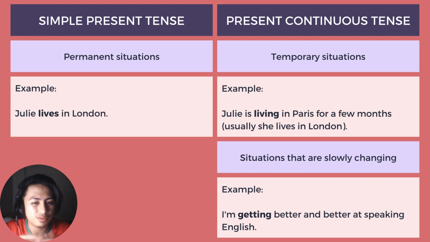And then we use it to describe situations that are slowly changing, right? So, for example, I am getting better and better at speaking English. I am getting. So, that means present continuous tense is used when we describe situations that are progressively changing slowly. Okay?